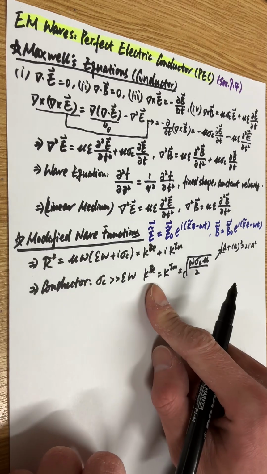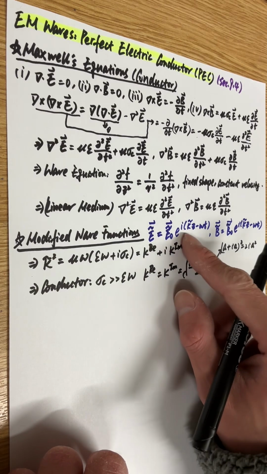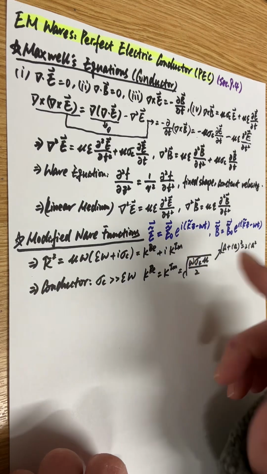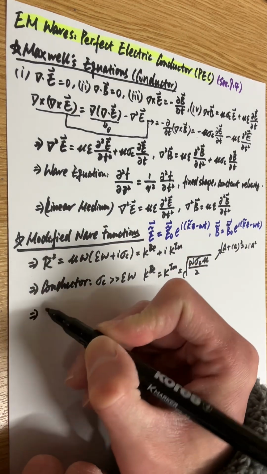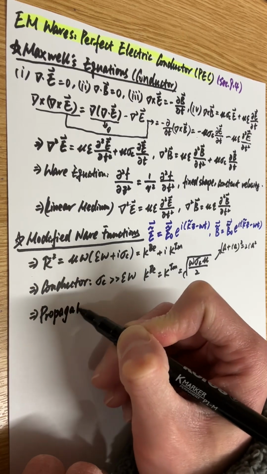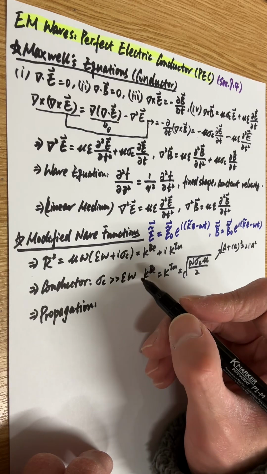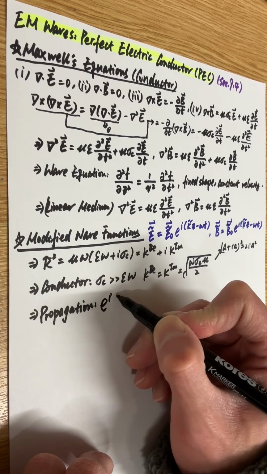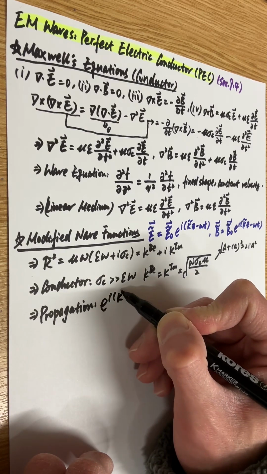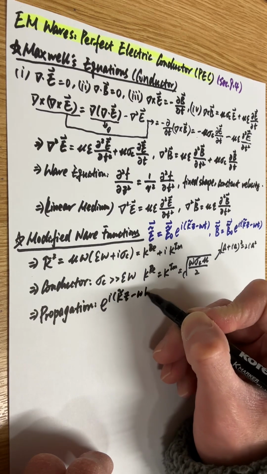So we have real part and imaginary part. And now what happens to the propagation function here? For propagation, we have e to the i (complex kappa z minus omega t).